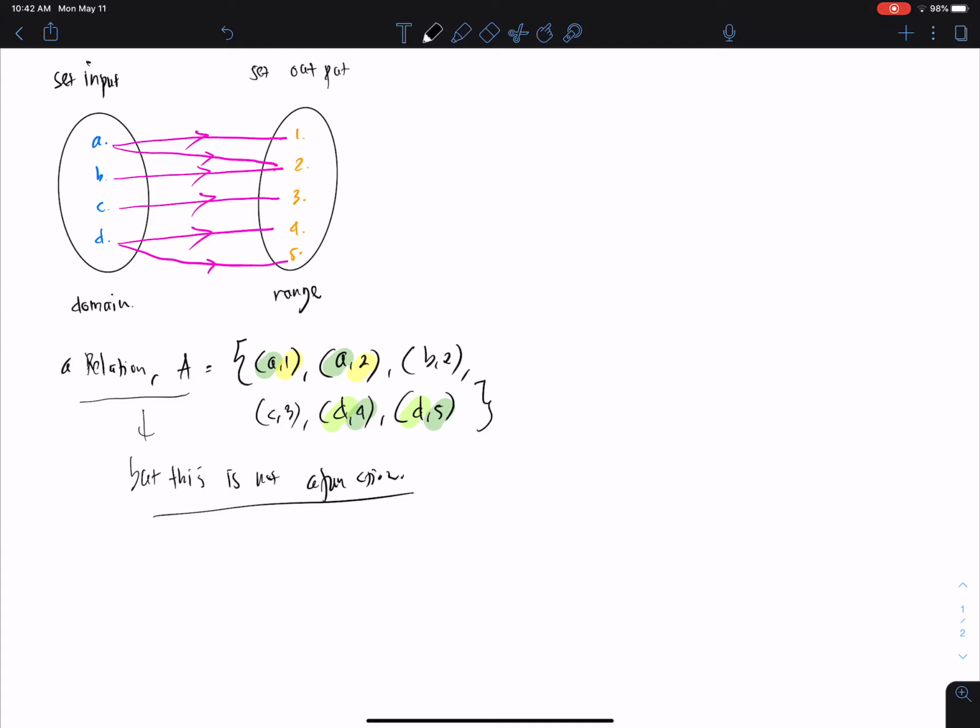Okay, so for an example again, I will write it down here. The domain, which is the set of input, and then the range, or the set of output.